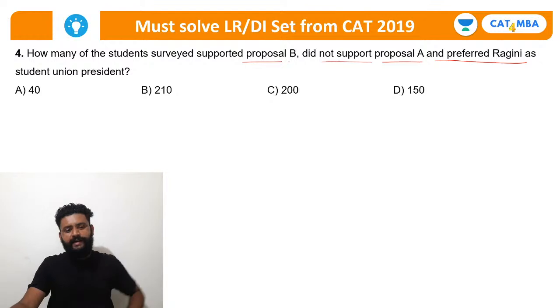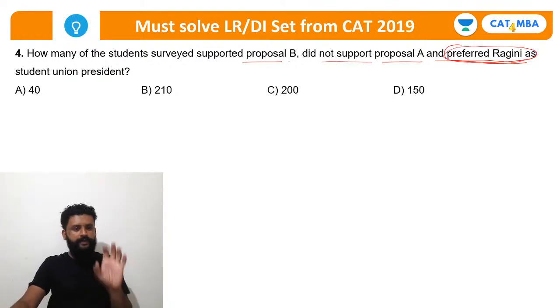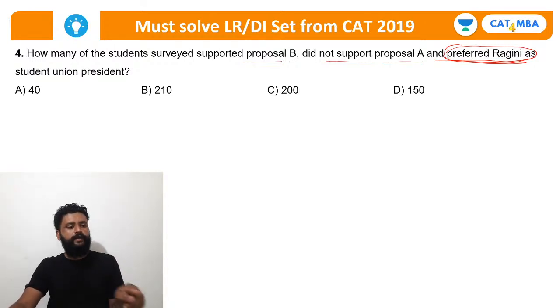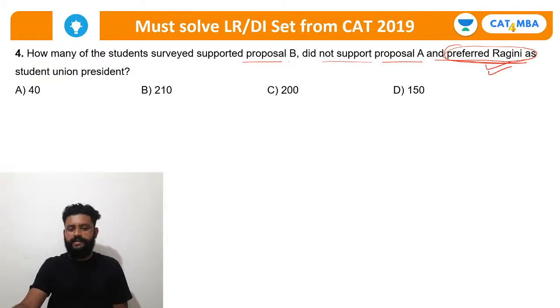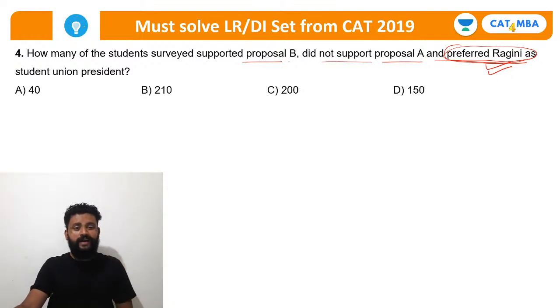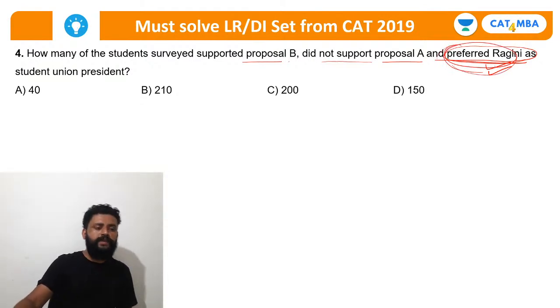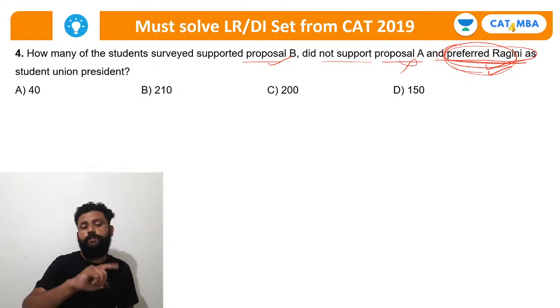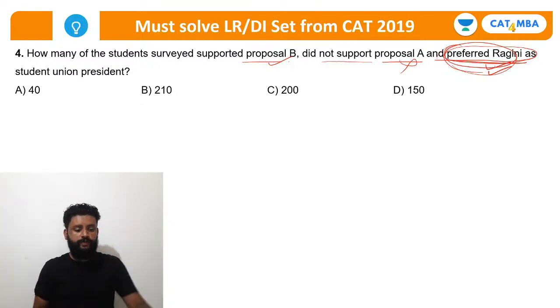So important condition, अगर मैं यहां पे देखूं, ये इतना सब पढ़ने से बेटर, एक तो कंफर्म है कि प्रिफर्ड बाय रागिनी में ही हमको देखना चाहिए. डिड नॉट सपोर्ट A बट B को सपोर्ट करना चाहिए. रागिनी के लिए जो सेट हमने बनाया, रागिनी वाले प्रेफरेंस जिन्होंने रागिनी के लिए प्रेफरेंस दिया है, उसमें से जो B को सपोर्ट करते हैं बट A को सपोर्ट नहीं करते हैं, ऐसे लोग हमें चाहिए.